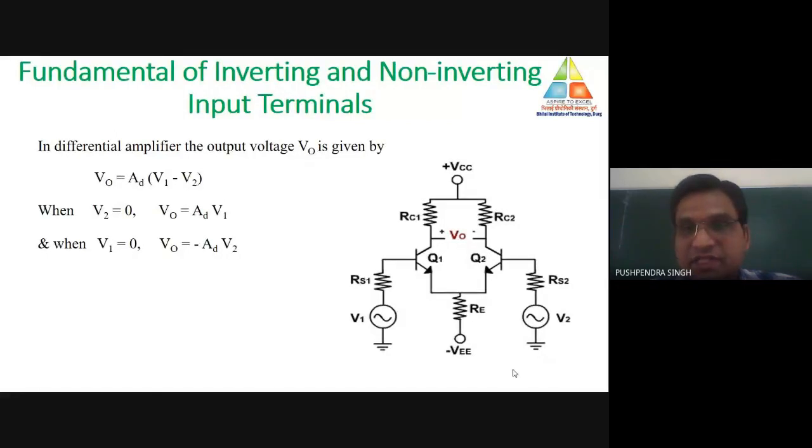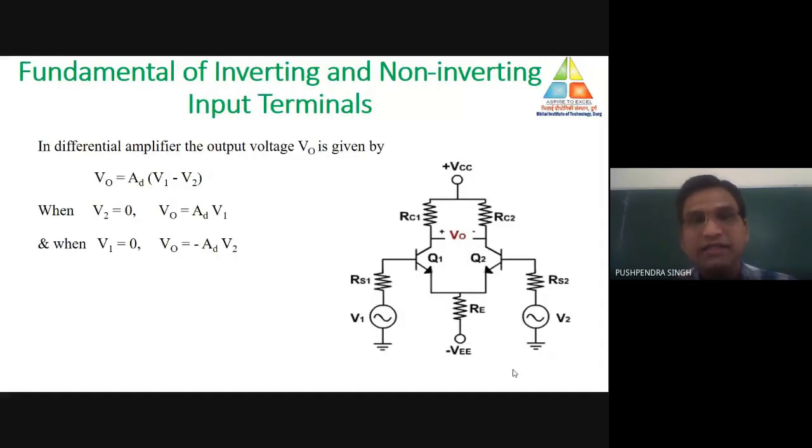As we discussed in our very first lecture, in case of operational amplifier, pin number 2 and pin number 3 are used for giving the input signal to the op-amp. These are the only 2 pins by which we can give the input signal to the operational amplifier. Pin number 2 is for the inverting input and pin number 3 is for the non-inverting input.